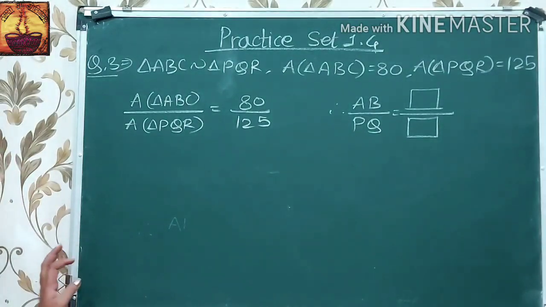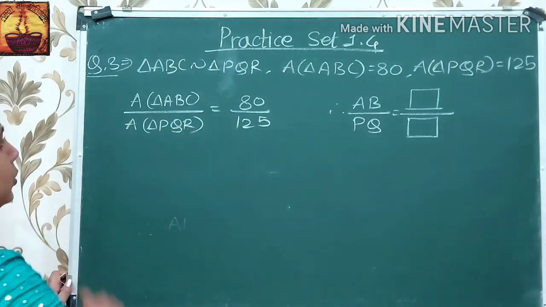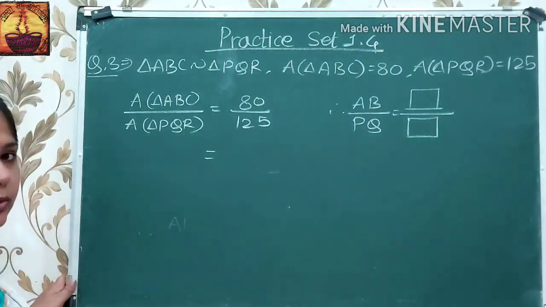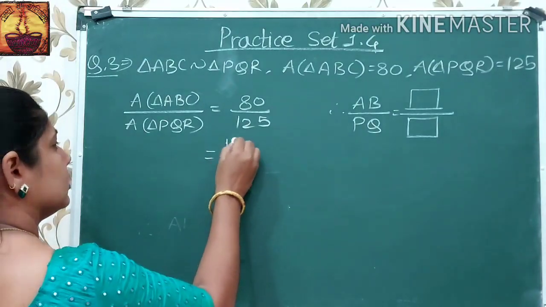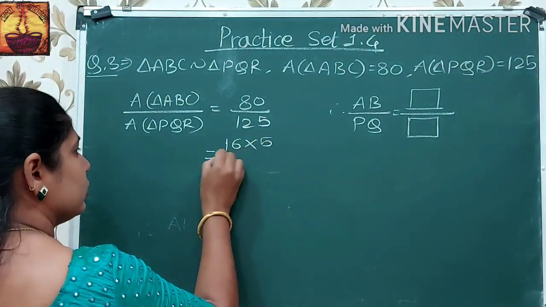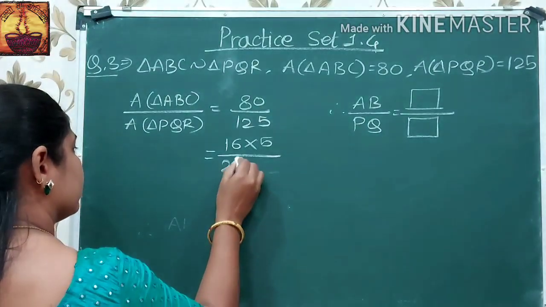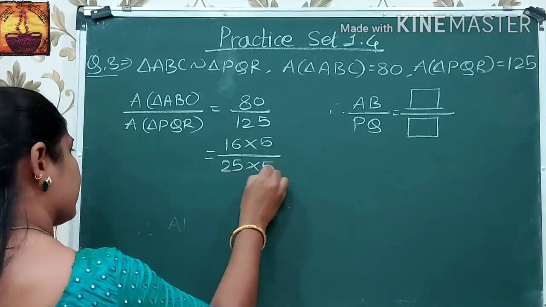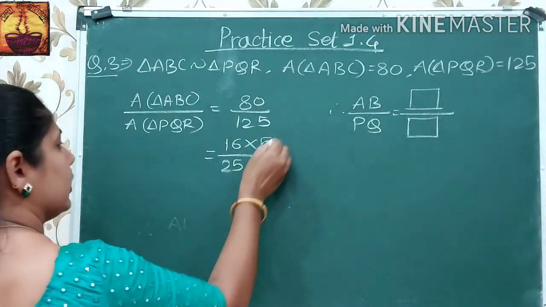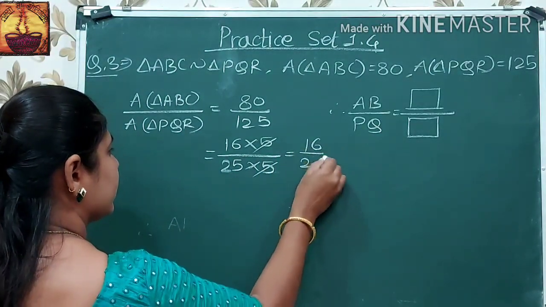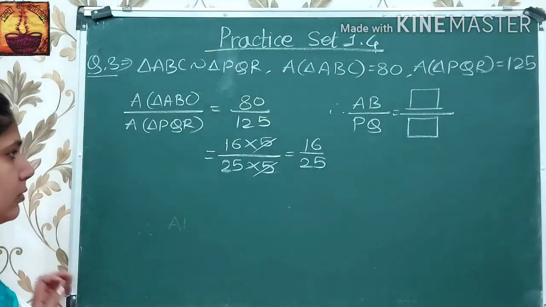If we write 80 as 16 into 5 and 125 as 5 into 5, here 5 gets cancelled and remains 16 upon 25.